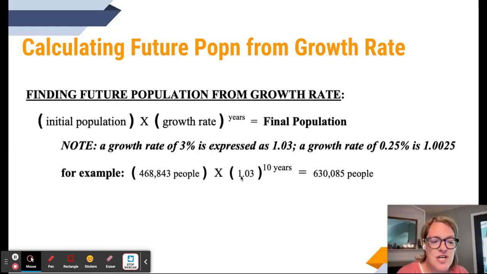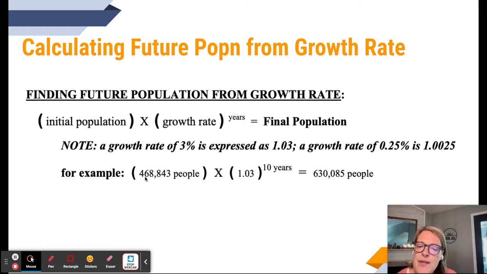So 1 doesn't change the equation. We add that on there so that we can use that rate to the power of years, okay? So a growth rate, if we were doing this, of 0.25% is 1.0025. So we're basically just turning this into a decimal that's greater than 1.